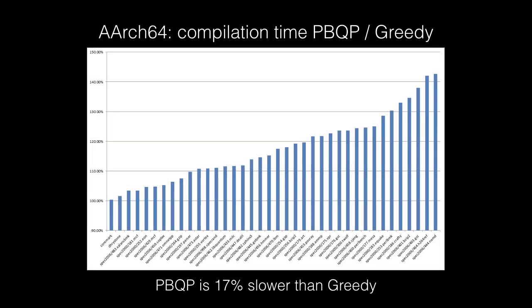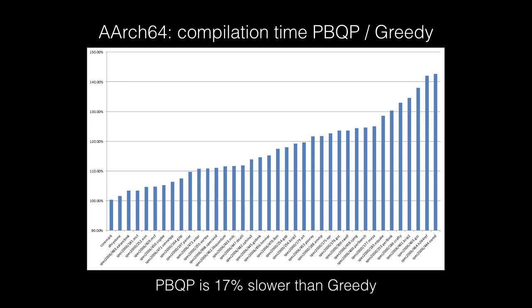When using the PBQP, we somehow trade off compilation time for allocation quality. So how much compilation time do we have to trade off? Here I ran the compilation for a number of SPEC benchmarks. And on geomean, PBQP is about 17% slower than greedy for the Cortex A57.